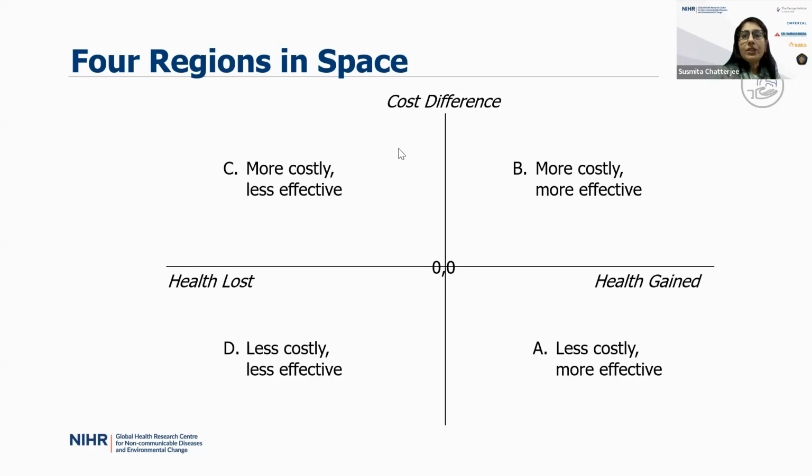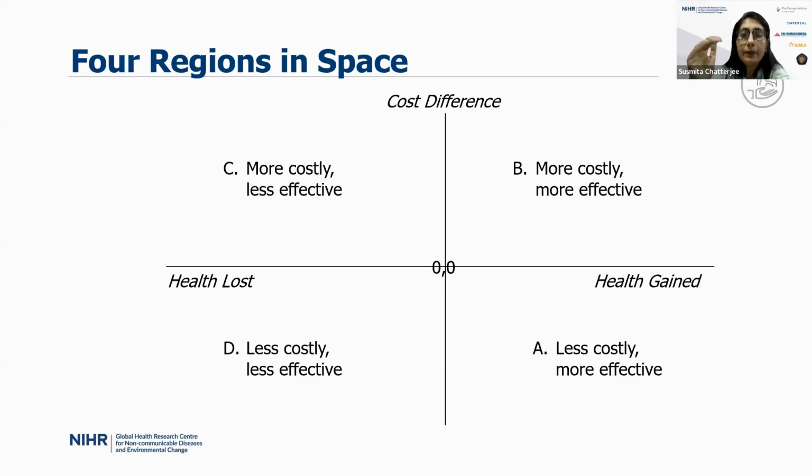Suppose my intervention, as compared to the comparator, can be in either of these regions, A, B, C, D. There are 4 regions, and I explained what the region means. When you are towards the right on the horizontal axis, it means health gain, that the intervention has a better effectiveness.